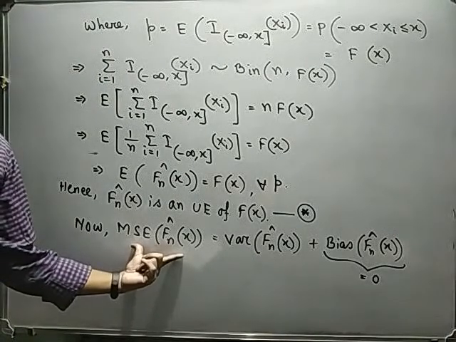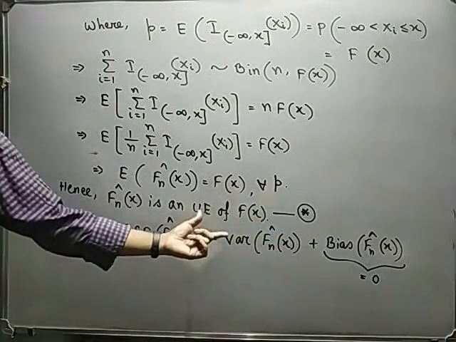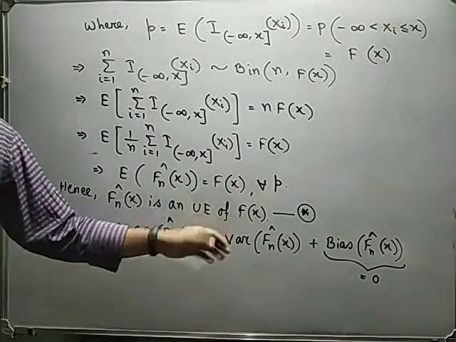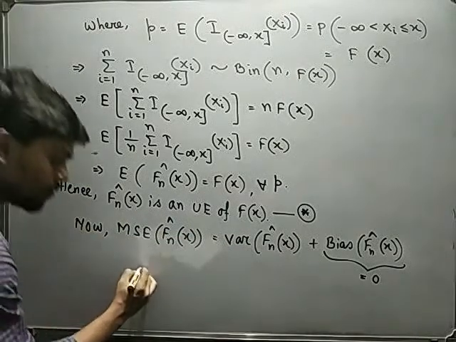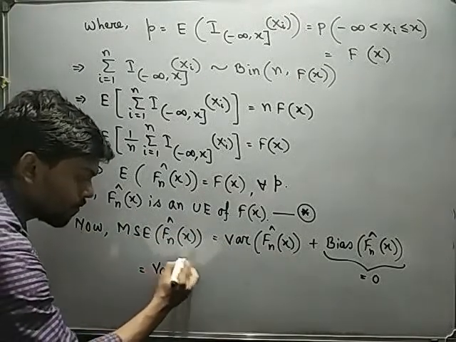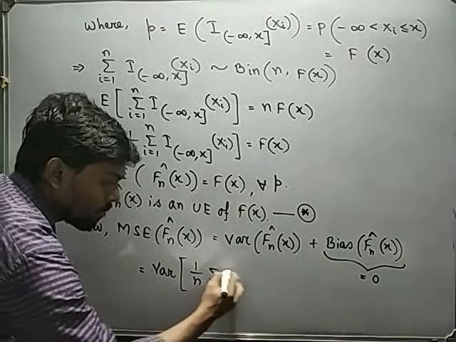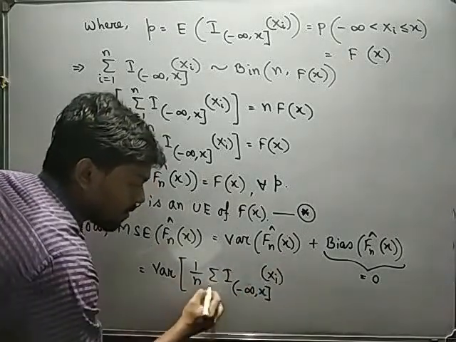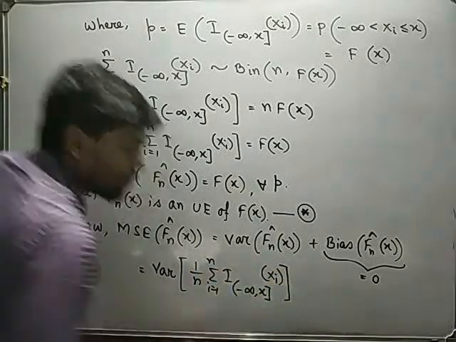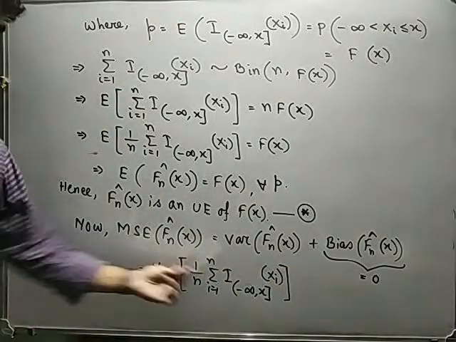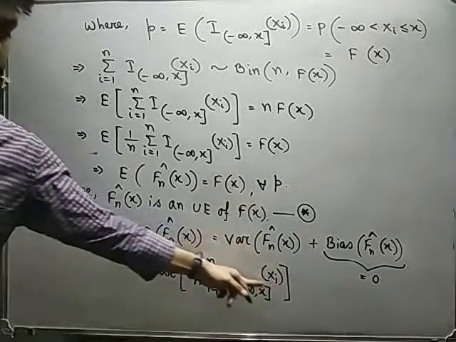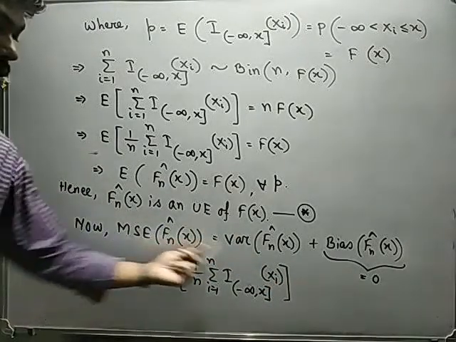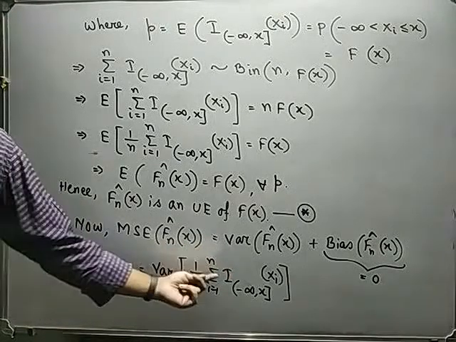So the MSE of Fn hat x will be exactly equal to the variance of Fn hat x, and we can define the variance of Fn hat x in this way: the variance of (1/n) times the summation over i of the indicator of (minus infinity, x] applied to Xi. As you all know, these capital Xi's are IID, that means they are independent, so we can insert the variance under the summation sign.